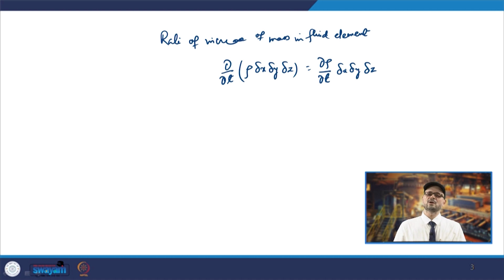Now, we need to have the value of the mass flow rate across the faces of the element. So, you will have the 6 different faces, and you need to find out the mass flow rate across these faces, and it will be given by the mass flow rate across the face.